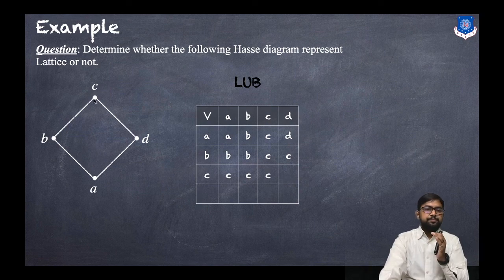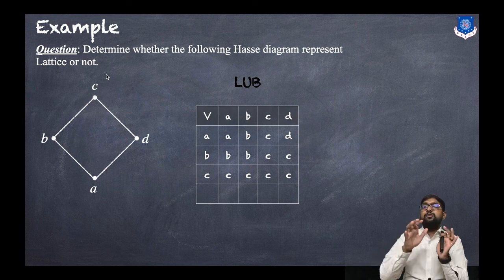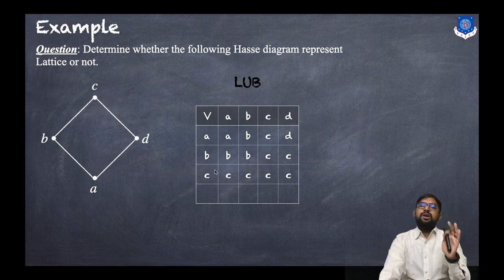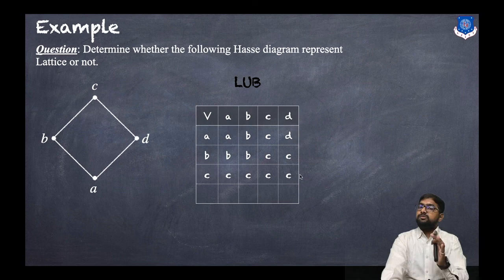Now C and D: the least upper bound will be C. As you can see, C is the upper bound of the whole graph, so whenever C is there, the answer will be C. Now for DA: in AD it was D, so it will be D. For DB: in BD it was C, so here it will be C. For DC: in CD it was C, so it will be C. And DD is the same point, so it will be D.